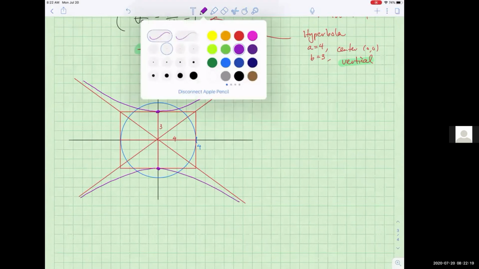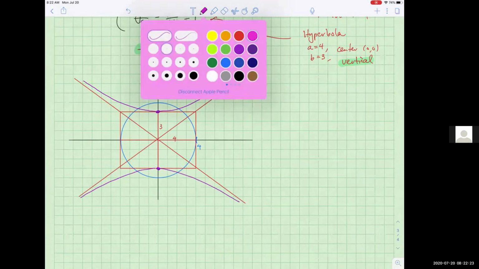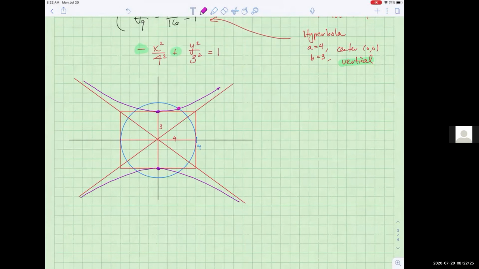So, let's see. Our points of intersection, as far as I can tell, if we get rid of all those construction lines very quickly, looks like we have 4 points of intersection. I wanted to show you guys that visually.